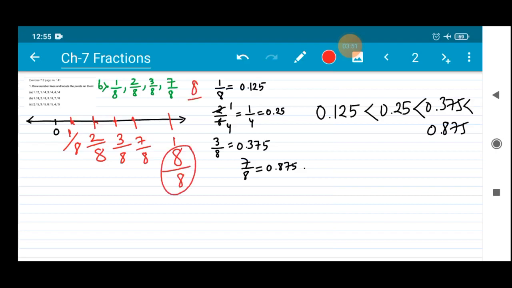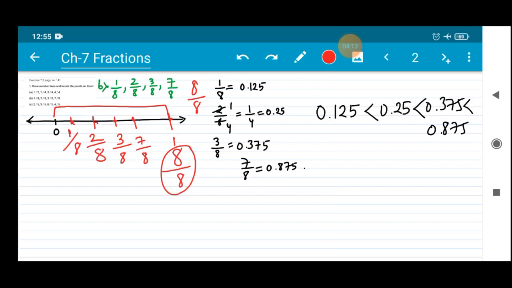If the question had 8 by 8, then that would be 1. But here we are not getting any 1, so the numbers exist in between 0 and 1 only. The proper fractions represented here are not above 1. So do not get confused. In this manner you can do it. I hope you have understood the concept.